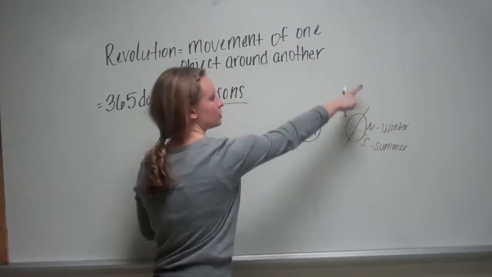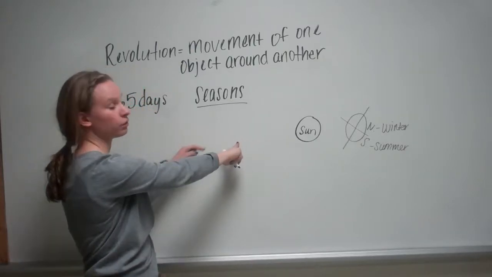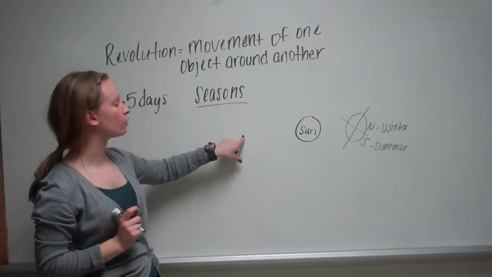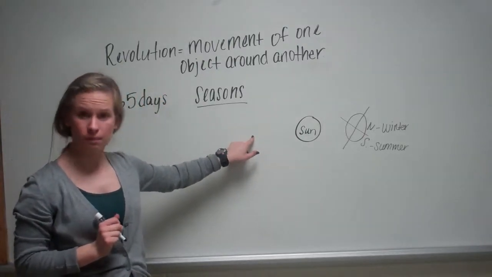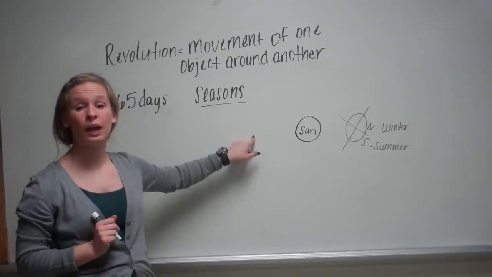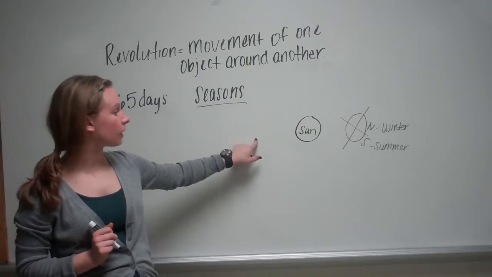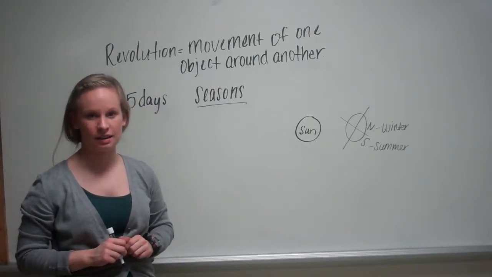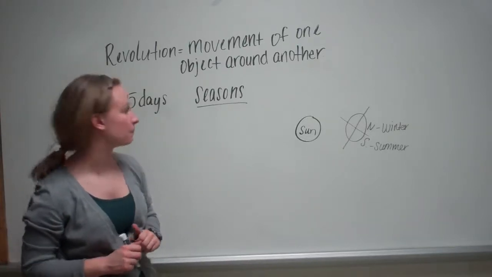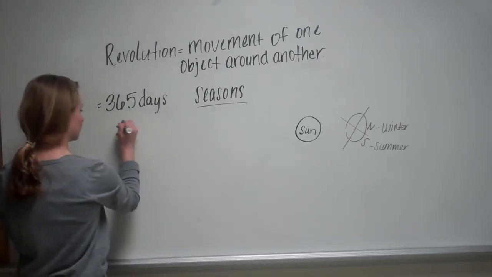Okay, and as we continue our revolution around the sun, once we get over here, we are now going to be facing inward, so that it's now going to be summer in the northern hemisphere and winter in the other hemisphere. So what we have to remember is it can never be the same season in both hemispheres at the same time. So let's write that down.